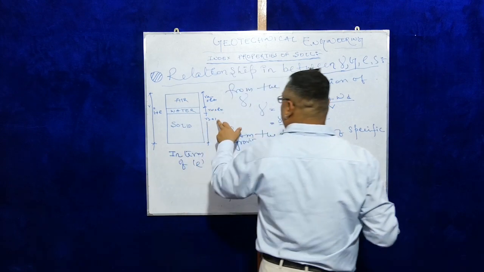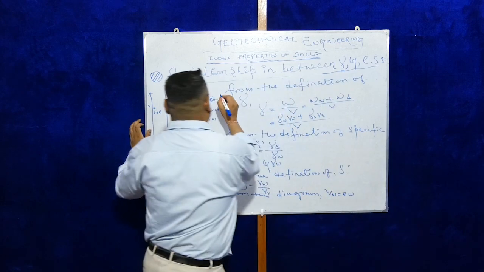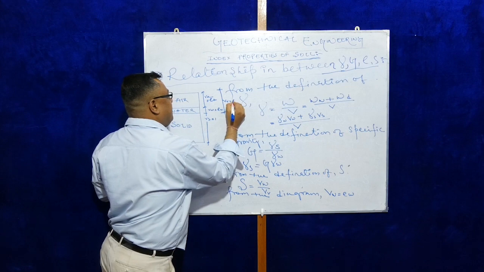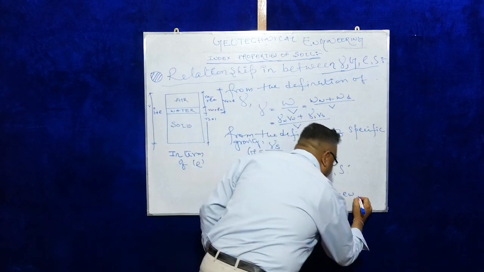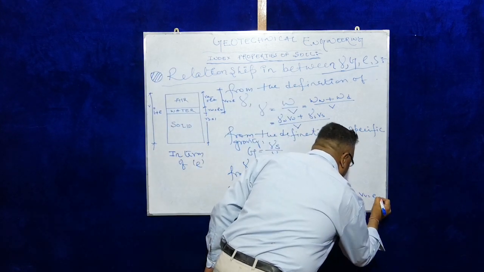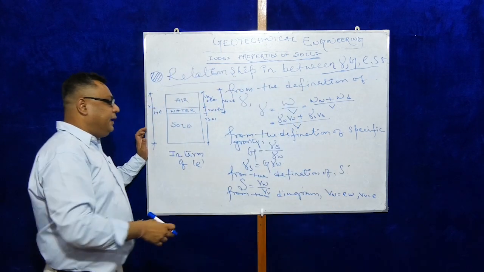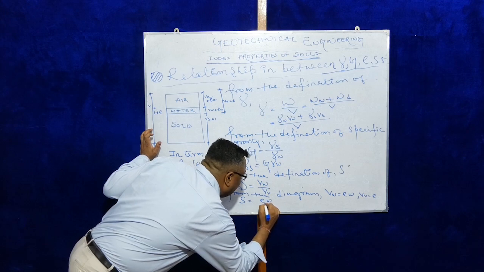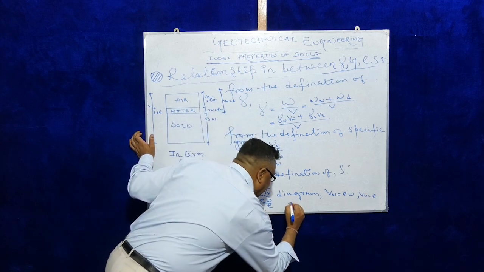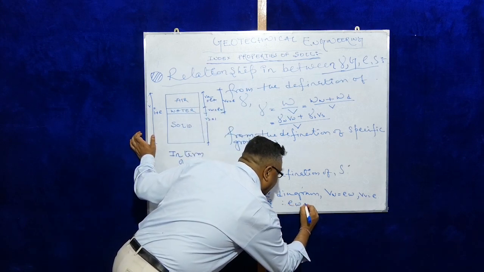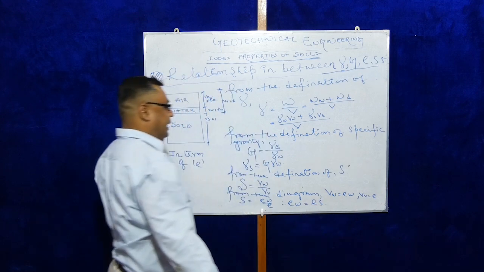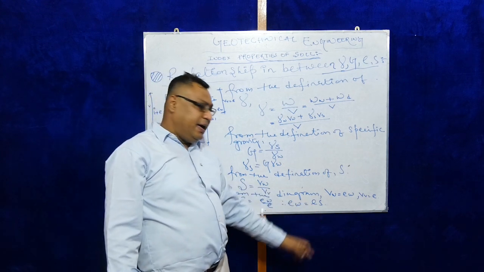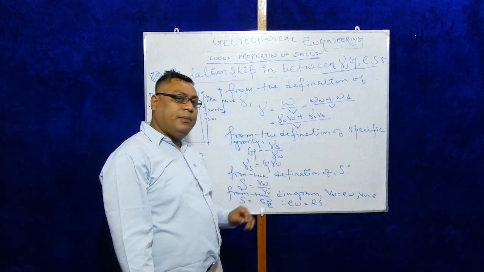And VV is equal to what? VV is equal to E. Putting the values of VW and VV in this equation, we get S is equal to EW by E, therefore EW is equal to E into S.